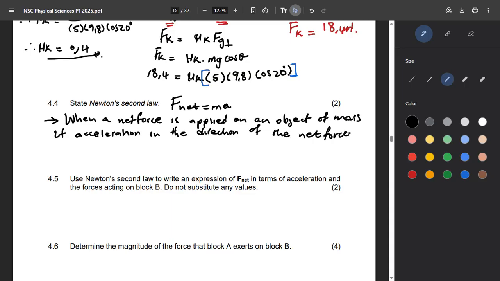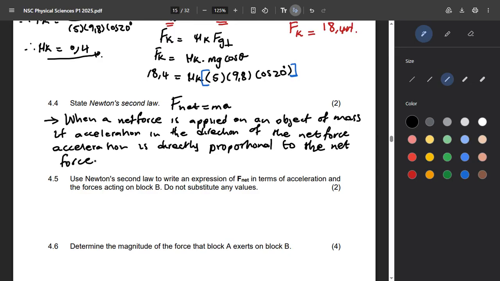But when you look at this formula, we can see that the acceleration is directly proportional to the net force.